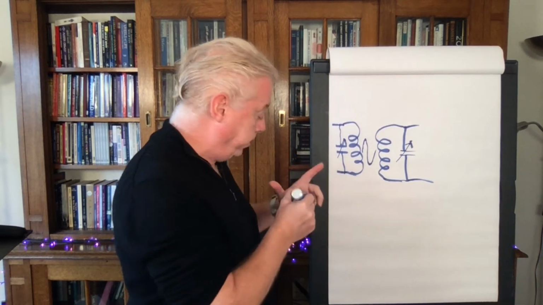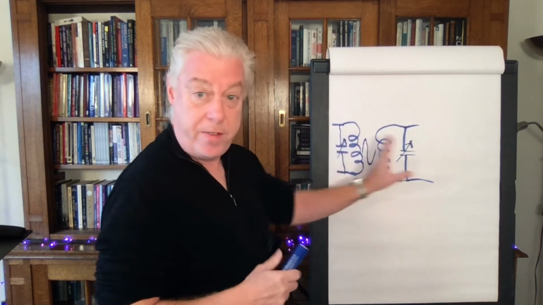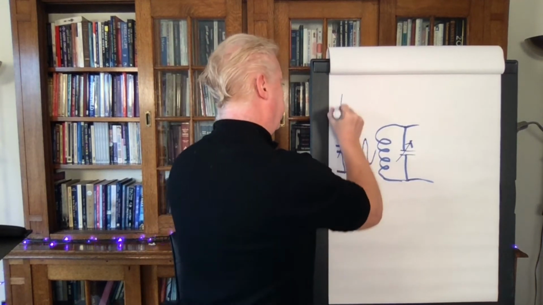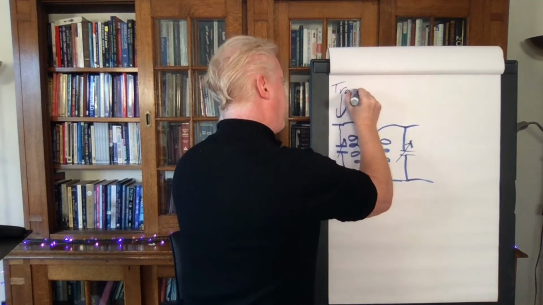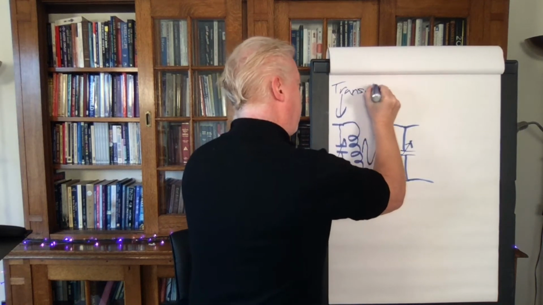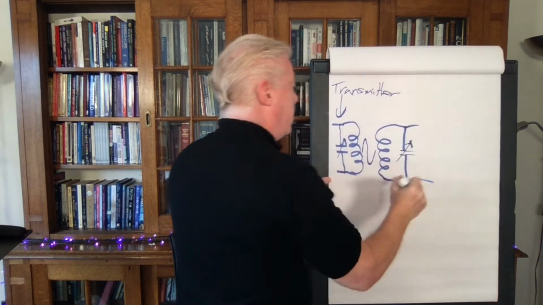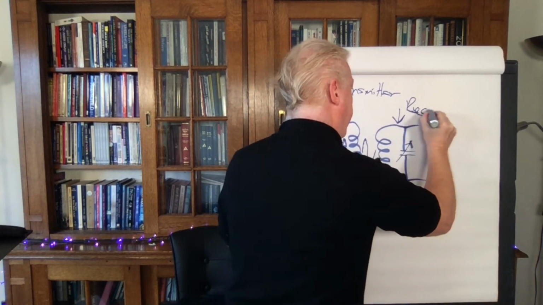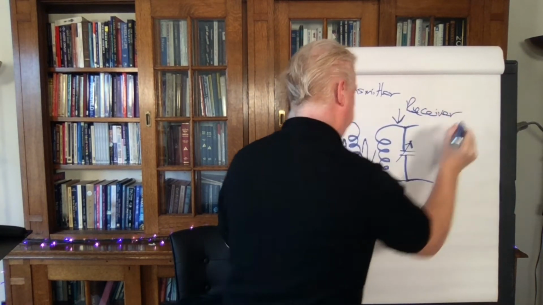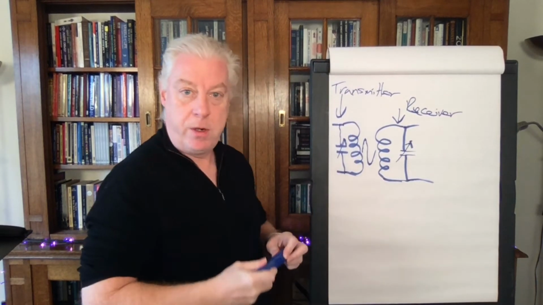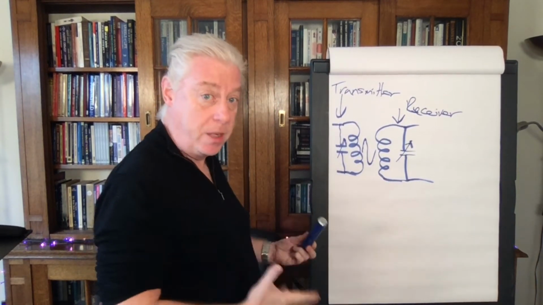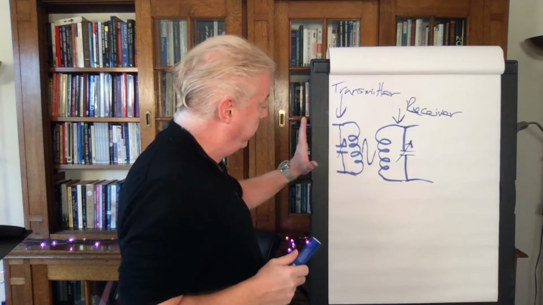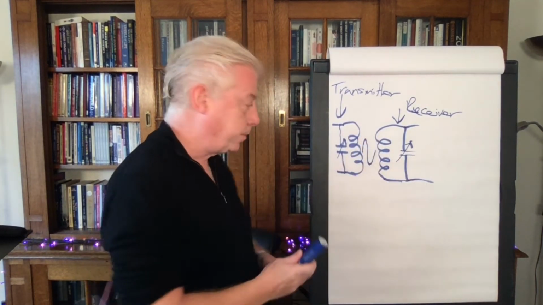And if those are very, very close together, so this would be called the transmitter. And this would be the receiver. And if they were in pretty close proximity with each other, then the information that we put in here would come out the other side.